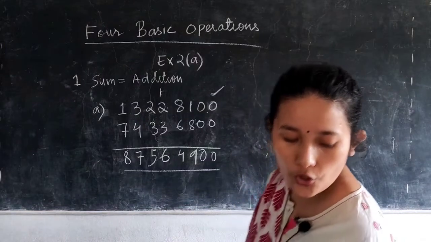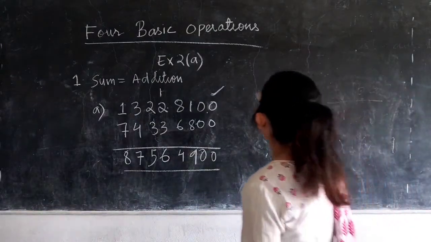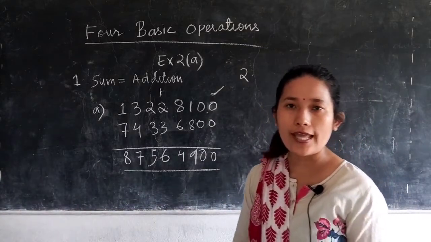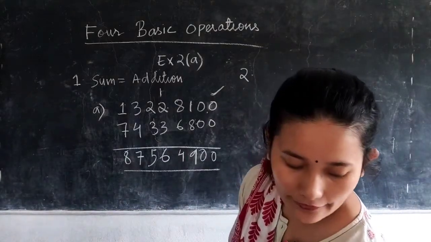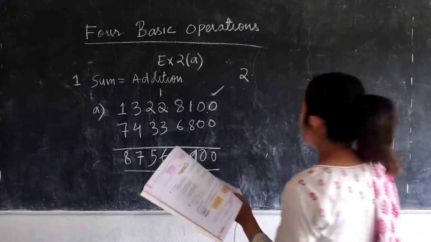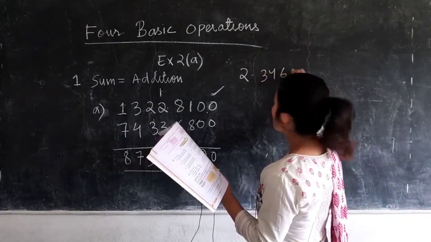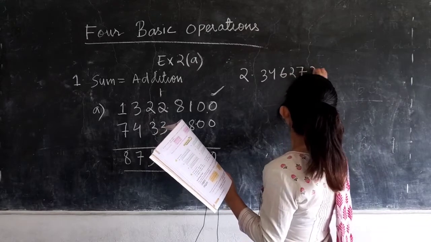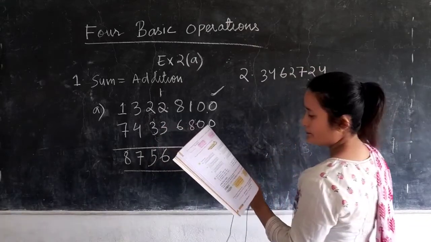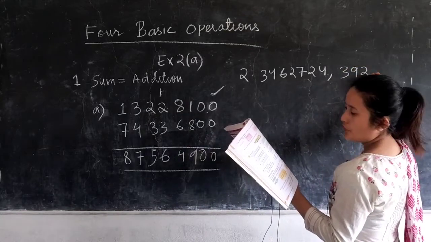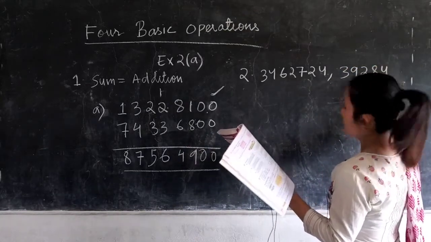So I will show you question number 2. What is the question? Add the numbers. So you are given 3 sets of numbers, that is 3, 4, 6, 2, 7, 2, 4, 3, 9, 2, 8, 4.